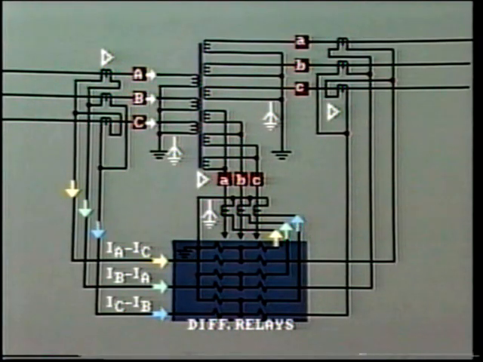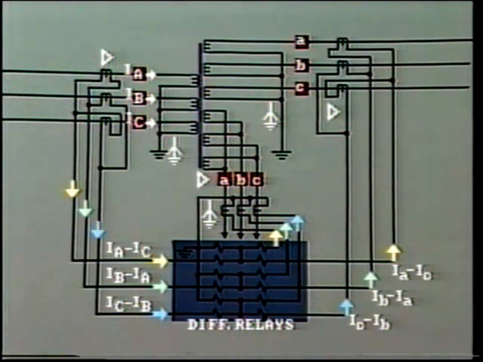Now, having checked the primary and tertiary windings, let's check the phasing of the CTs in the transformer's secondary. These are delta connected like the primary. Hence, like the primary, the currents from the relay are IA minus IC, IB minus IA, and IC minus IB.